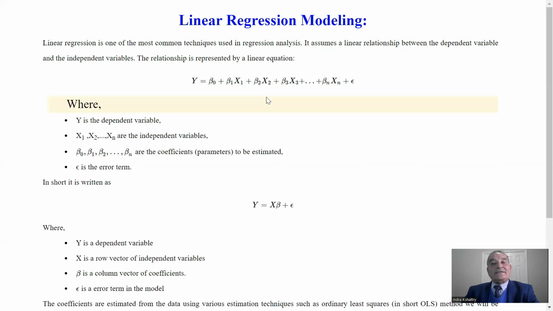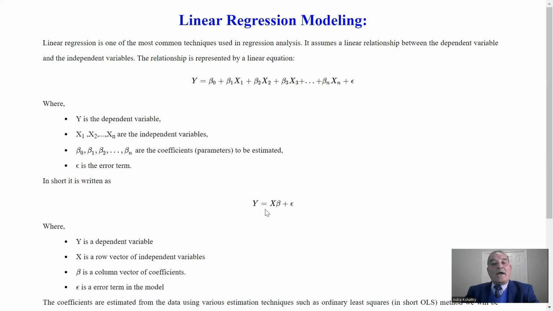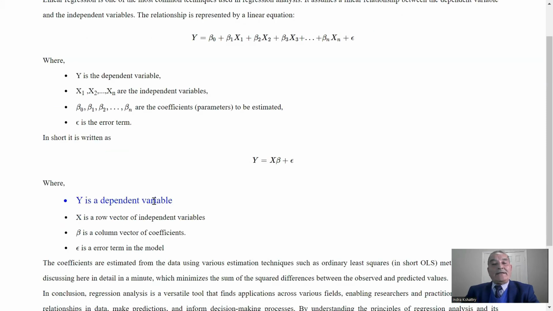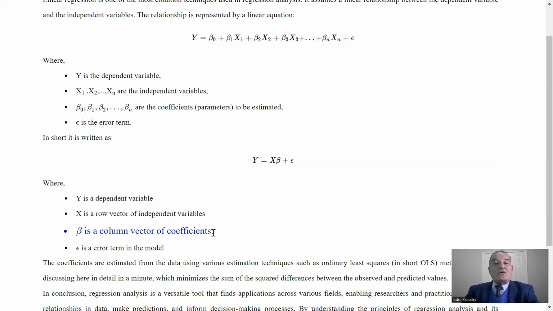In short, this linear model can be written as y equals x beta plus epsilon, where y is a dependent variable, x is a row vector of independent variables, beta is a constant vector of coefficients, and epsilon is the error term.